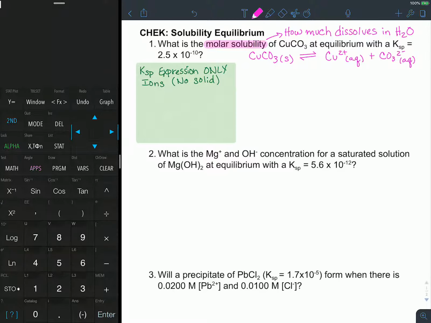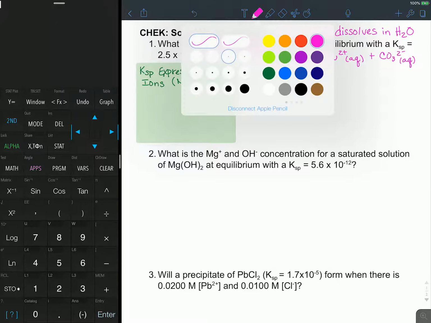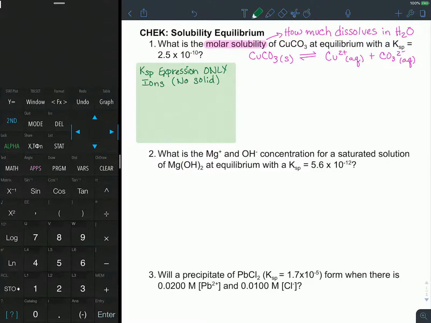When we go to do this, we want to let X represent our ion. That's the other important thing. We're going to let X represent one ion that dissociates.